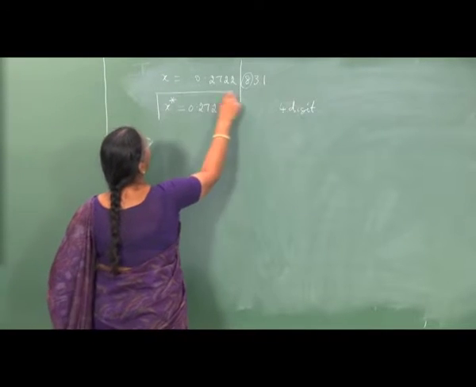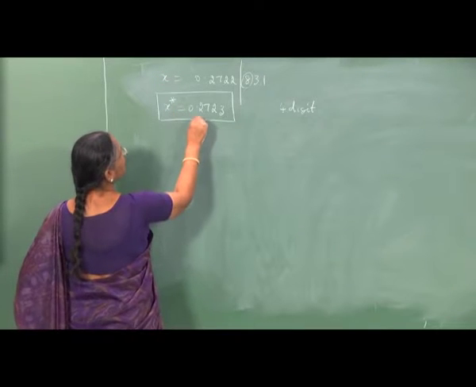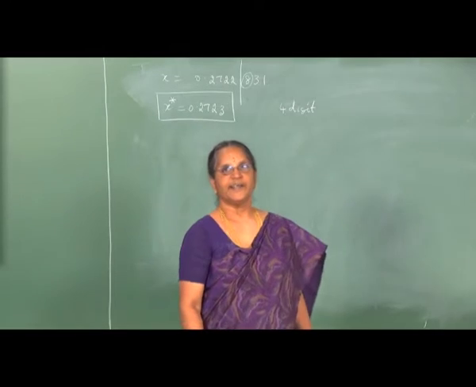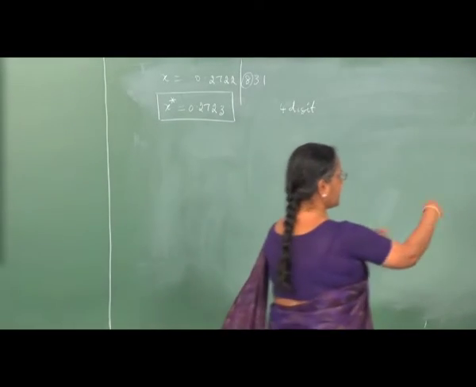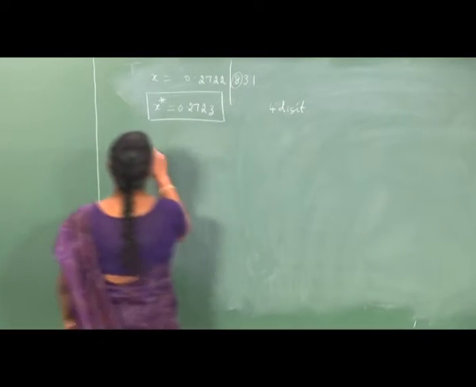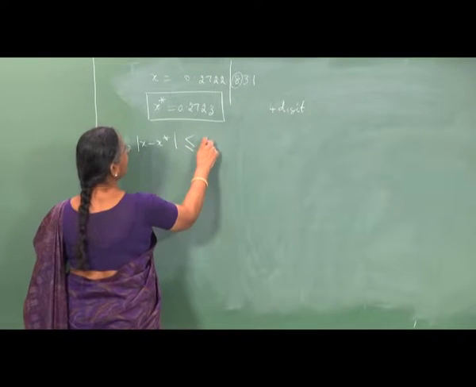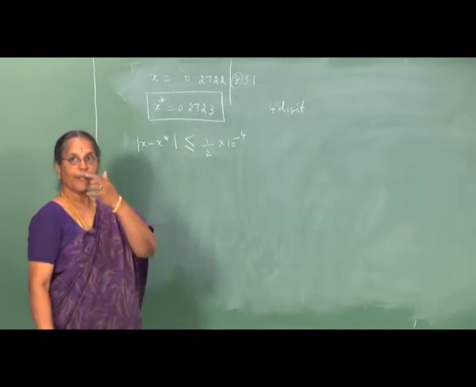So, this x star is obtained after rounding x to 4 decimal digit representation. If I do this, then the absolute error |x minus x star| is clearly less than or equal to half of 10 to the power of minus 4.